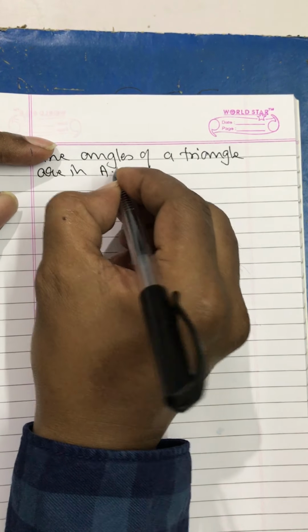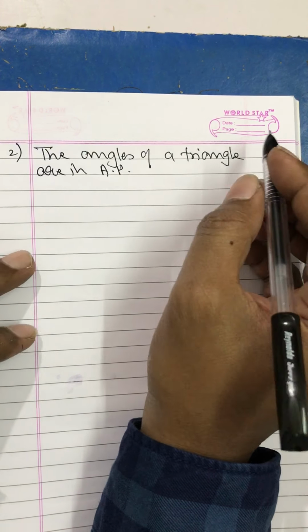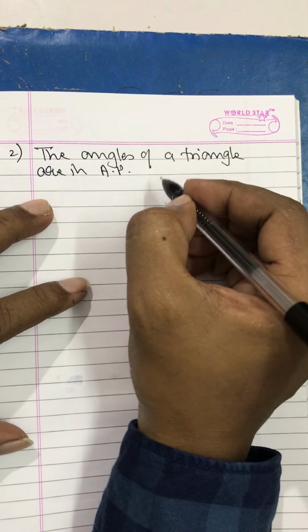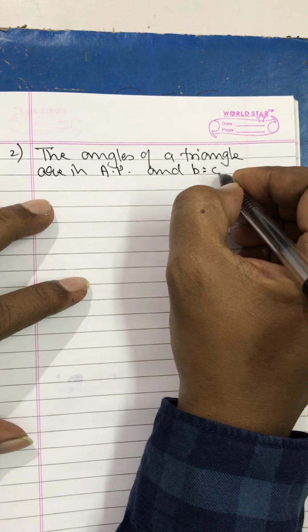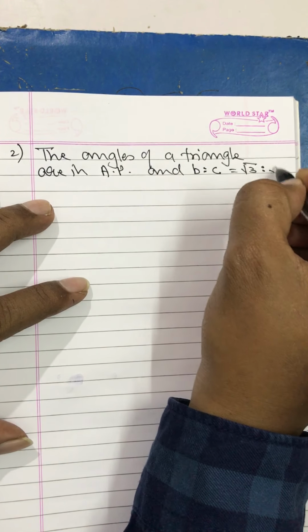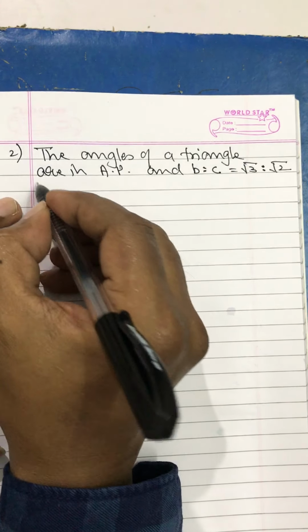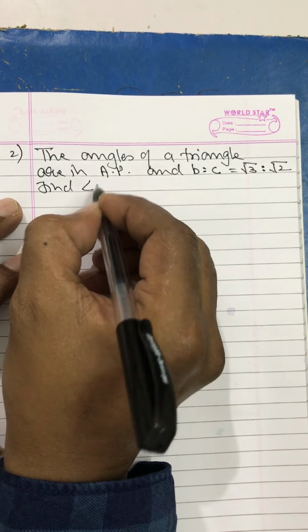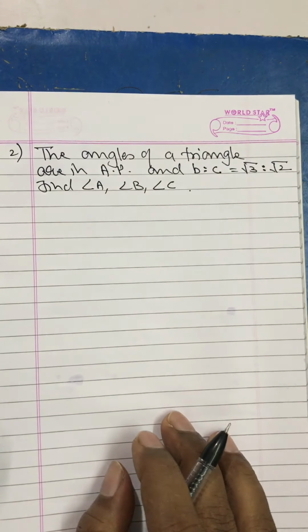So that means A, B, C are in arithmetic progression, and they have given that side B is to side C is equal to root 3 is to root 2. Find angle A, angle B, angle C.